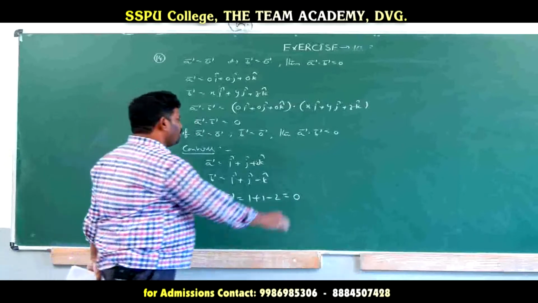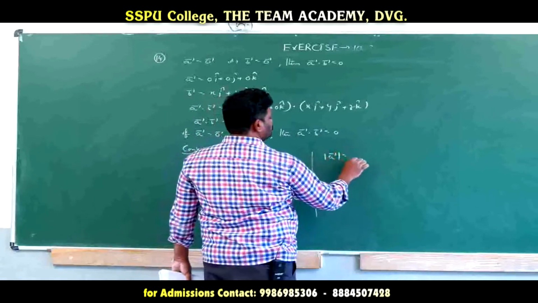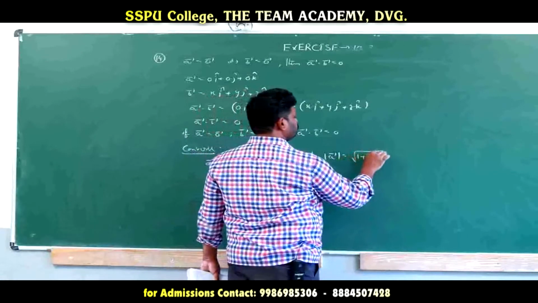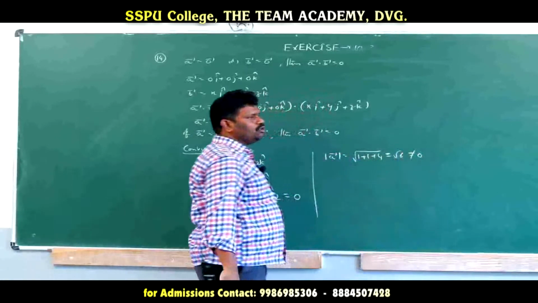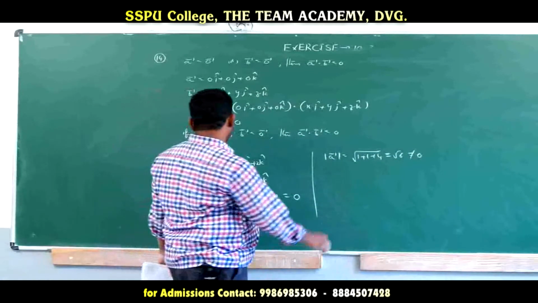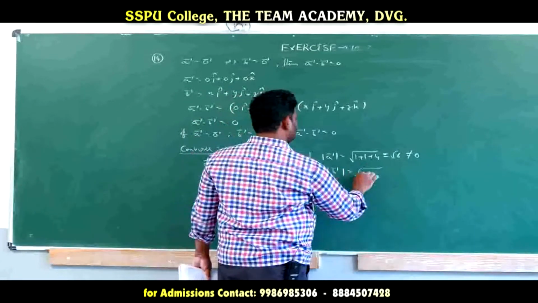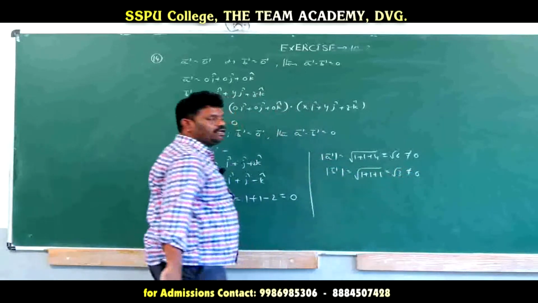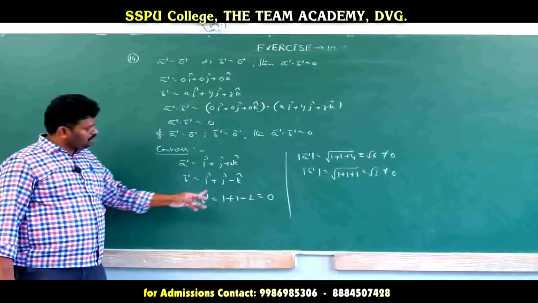But if we find the magnitude of a bar and b bar, the magnitude of a bar is equal to the square root of 1 plus 1 plus 4, which is root 6. The magnitude is not equal to 0, so it is not a null vector. The magnitude of b bar is 1 plus 1 plus 1, which is root 3. This magnitude is also not equal to 0. So two non-zero vectors can have a dot product equal to 0.